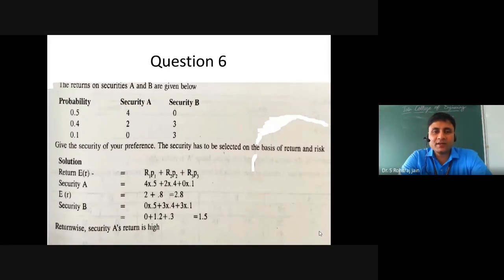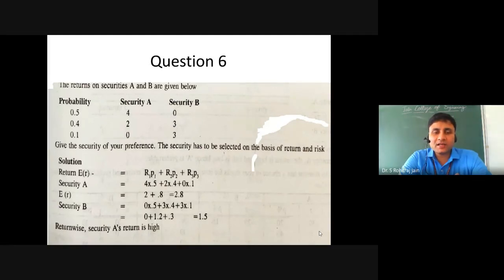I'll first take security A, then I'll solve for security B. For security A, the return is 4 multiplied by the probability 0.5, plus 2 multiplied by 0.4, plus 0 multiplied by 0.1.